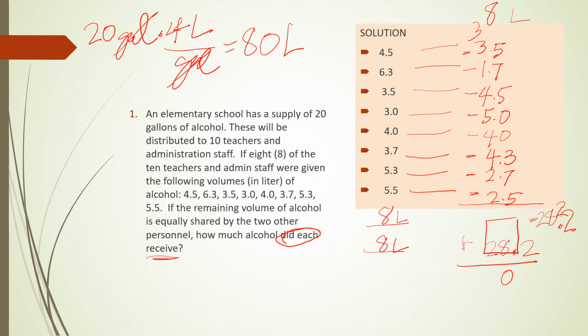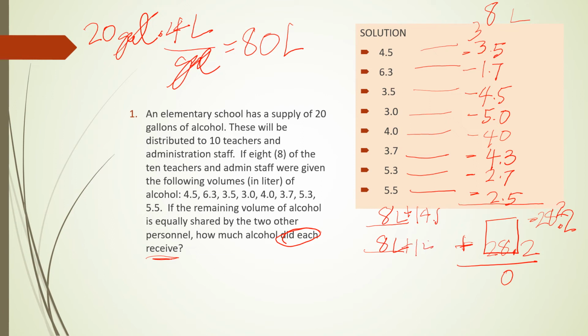So if this 28.2 will be equally shared by these 2 individuals, we will have to add to this. Okay, half of 28.2 will be 14.1.